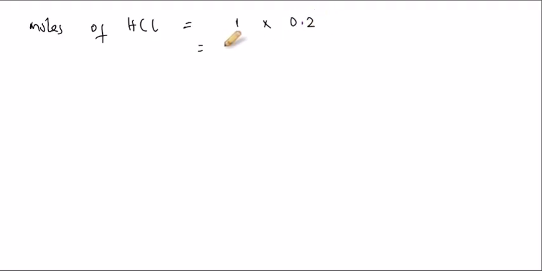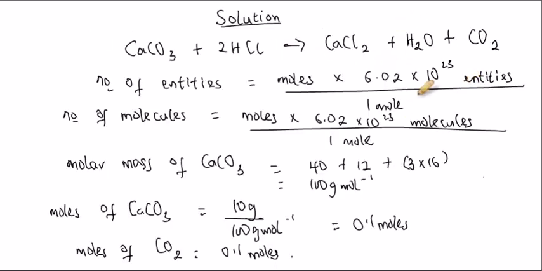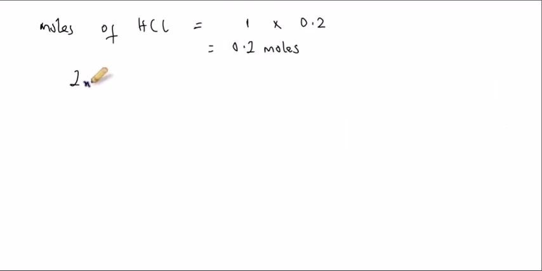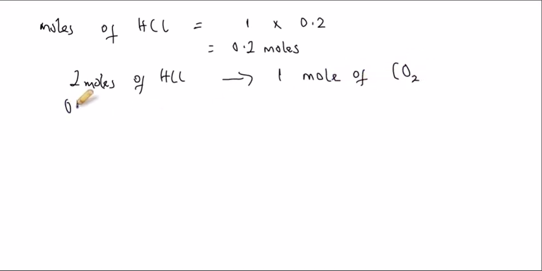Based on the stoichiometric ratio in which they are combining, 2 moles of hydrogen chloride yield 1 mole of carbon dioxide. So if we are given 0.2 moles of hydrogen chloride, how many moles of carbon dioxide will be produced? 2 moles of HCl will give us 1 mole of carbon dioxide, so 0.2 moles of HCl will give X moles of CO2.